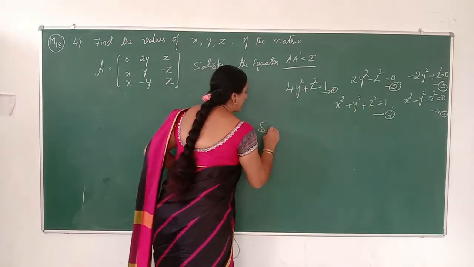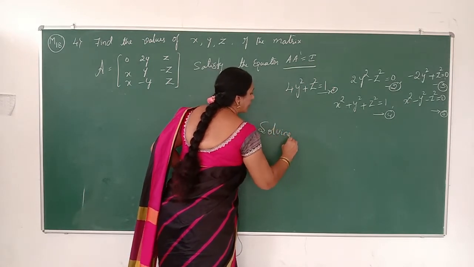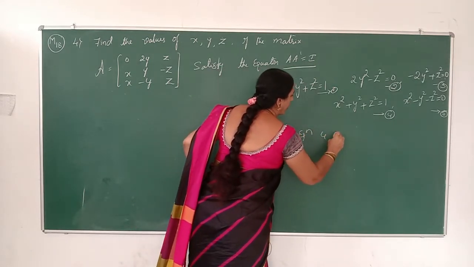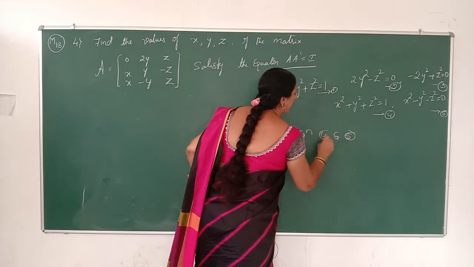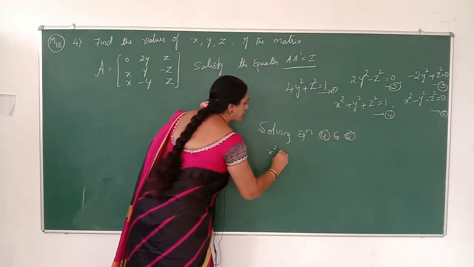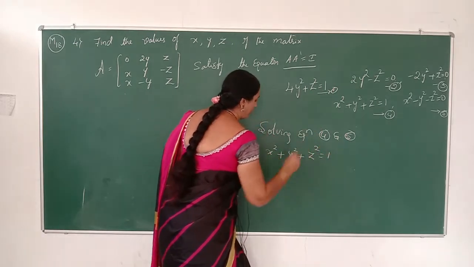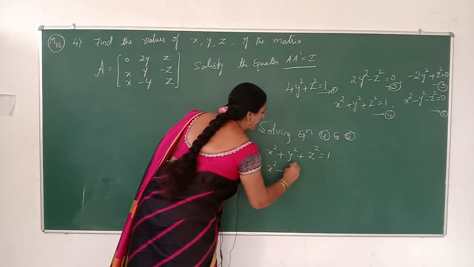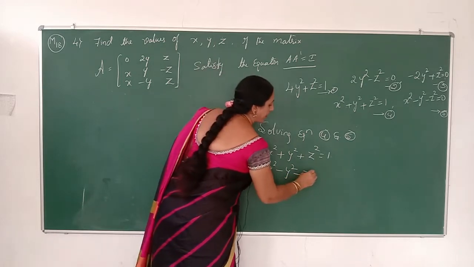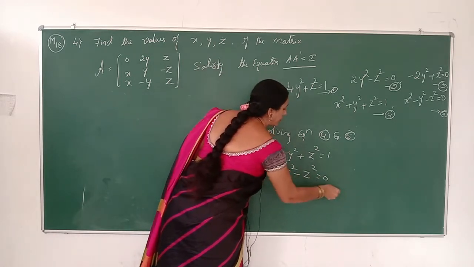Therefore, first we'll solve equations 4 and 5. x square plus y square plus z square is equal to 1, and another one is x square minus y square minus z square is equal to 0.